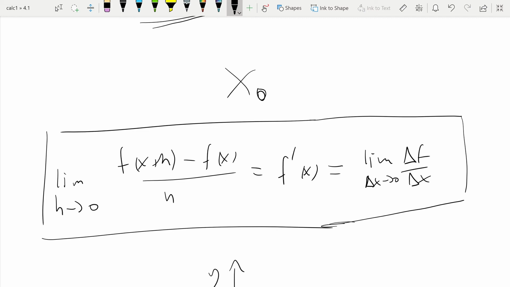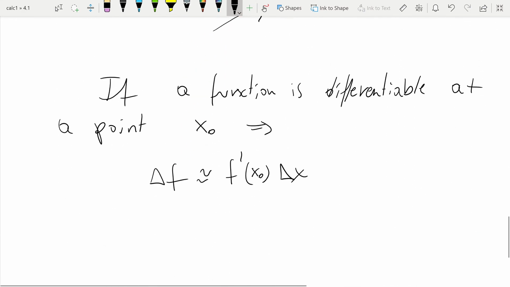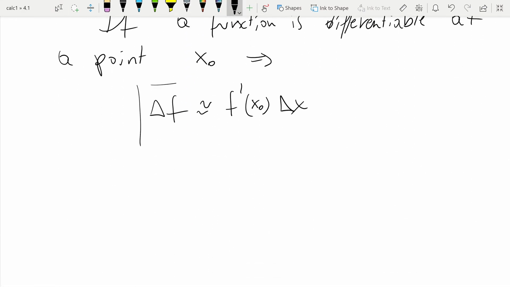This difference here on top is the difference in the values of f, or delta f, and h is the difference between x plus h and x, so that's our delta x. Just because that limit exists, it means that as delta x gets closer and closer to 0, delta f divided by delta x is approximately equal to f prime of x0.